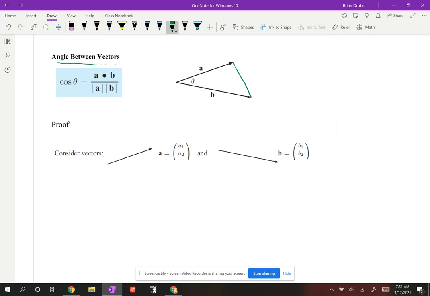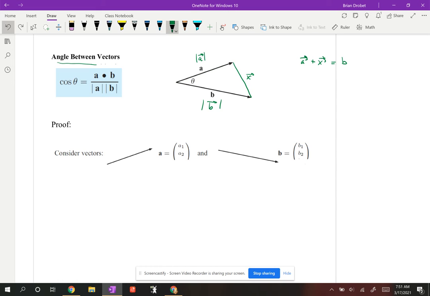The sides of this triangle have lengths given by the magnitude of the vector A, the magnitude of the vector B, and then let's consider what the third side is. If you took the vector A and added it to this unknown here, by vector addition, that would result in the vector B. So A plus X is the vector B.